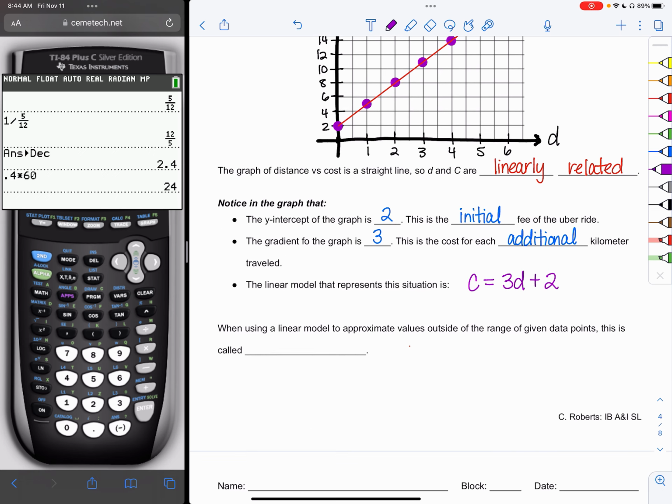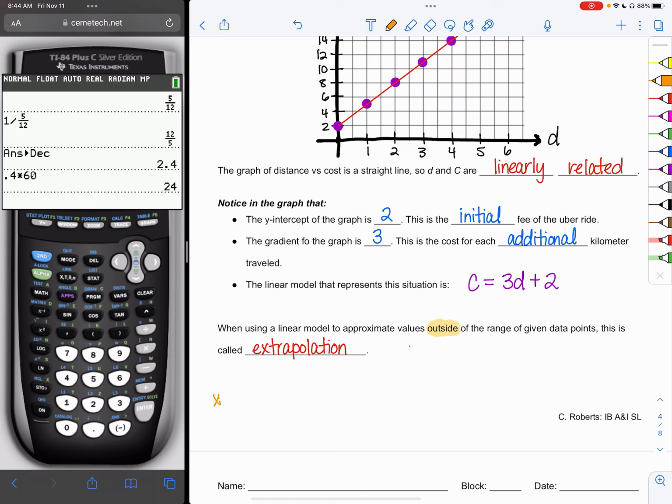When using a linear model to approximate values outside of the range of given data points, this is what we are going to call extrapolation. Extrapolation is when you are approximating values that are outside of the range of values.